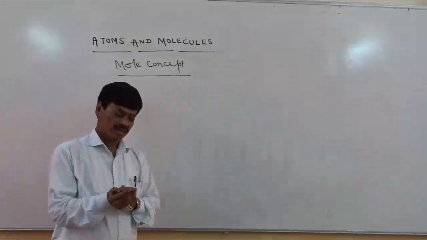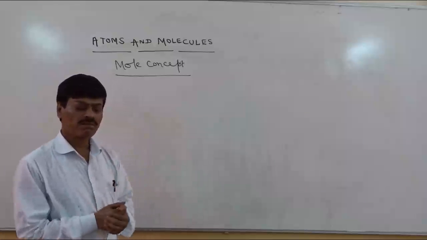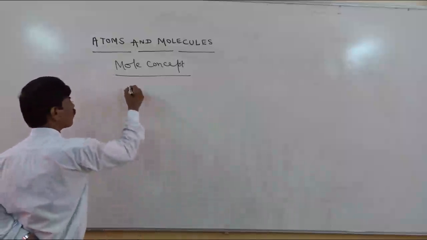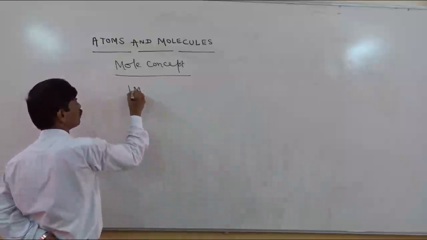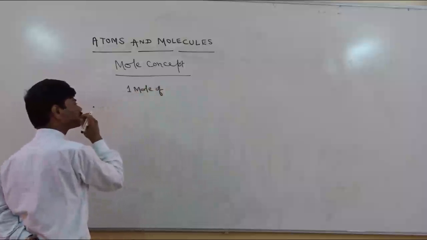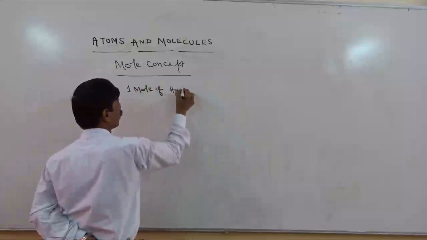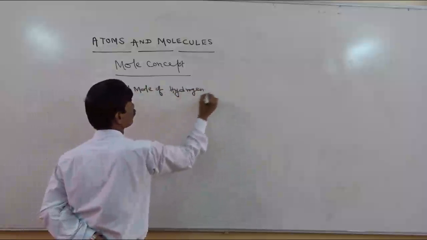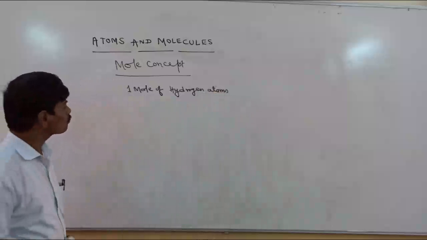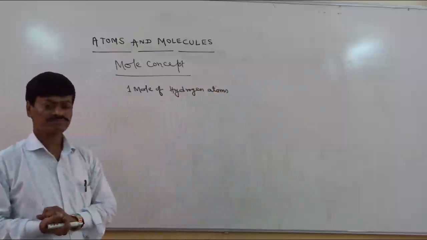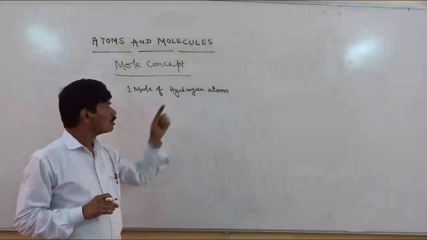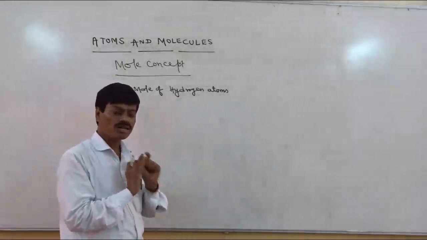Now I'll take element and compound as examples, and at the same time atoms, molecules and ions. Let me relate this. So 1 mole of hydrogen atoms. Since I have taken atoms, that element should have only atoms in it, no molecules.